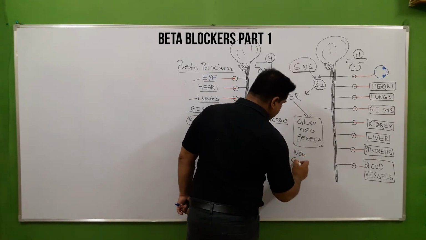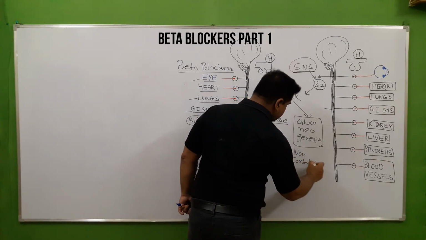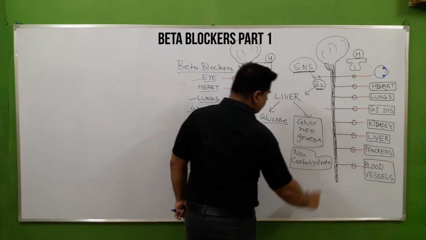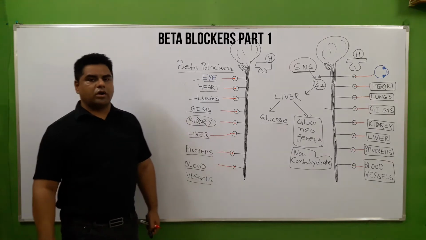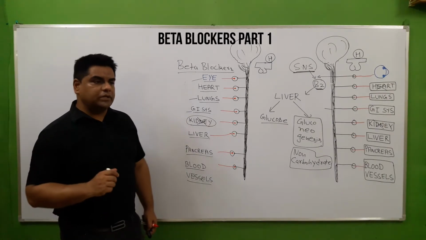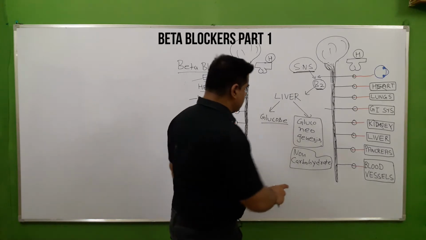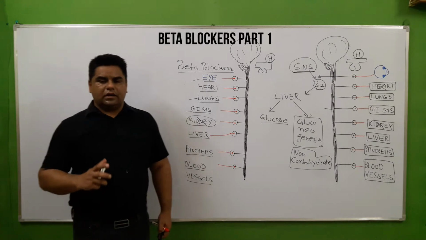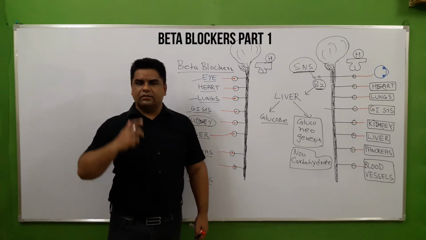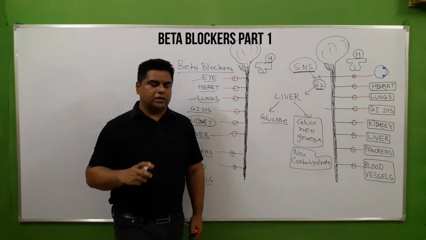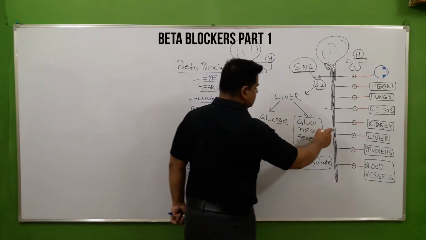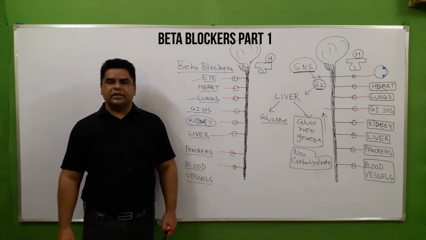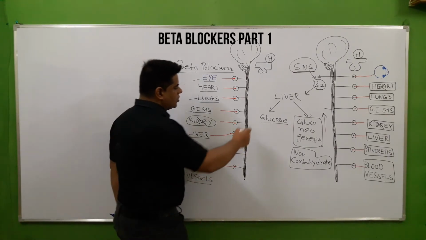Please note, everybody does not have these concepts clear. Whenever your liver makes glucose, for example from fats, amino acids and proteins, this is called gluconeogenesis. So in the liver we have beta 2 receptors which increase gluconeogenesis, therefore increasing the blood glucose level.